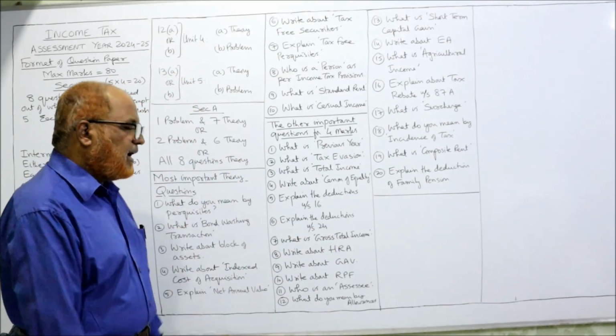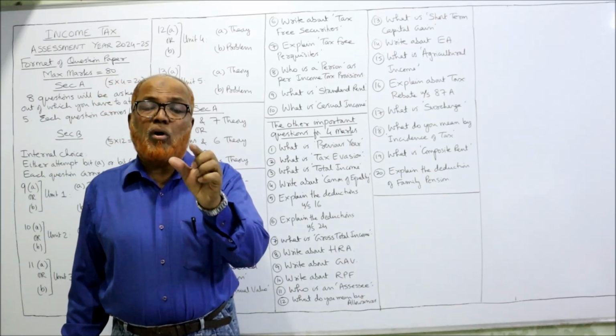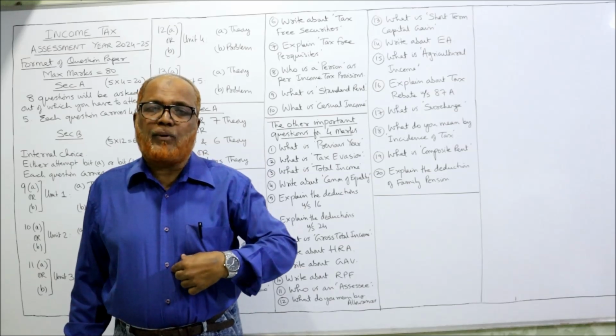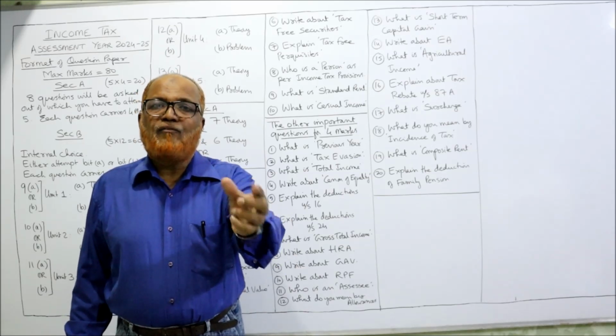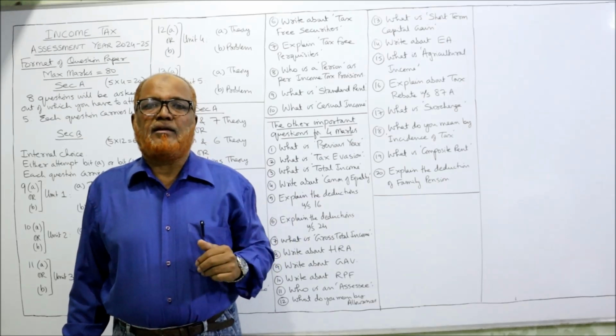Then what do you mean by allowance? Allowance is a fixed monetary benefit which is given by the employer to employee for a specific purpose along with basic salary.